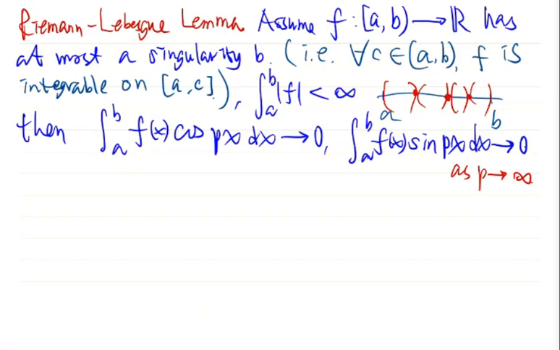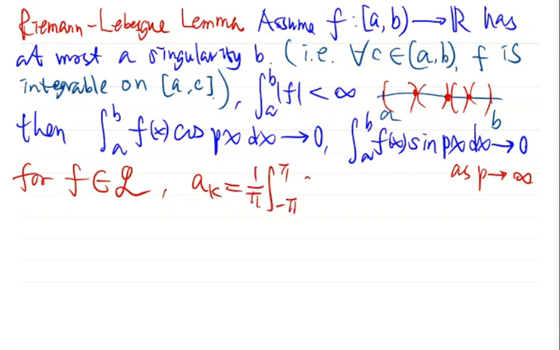As a corollary of this lemma, for f in L1, we can construct the Fourier coefficient a_k, that is the integral from minus pi to pi of f(x) cosine kx dx. As a special case of applying the Riemann Lebesgue lemma, this goes to 0 as k goes to infinity.